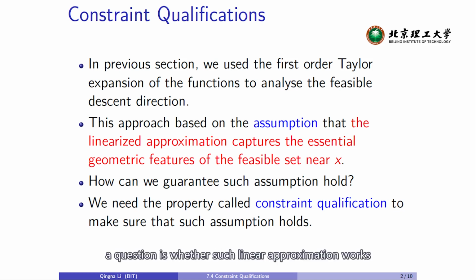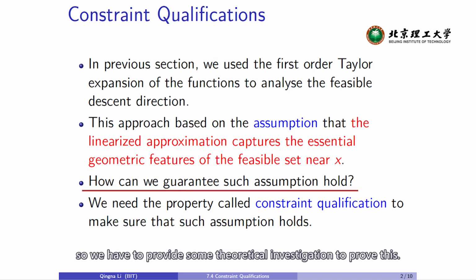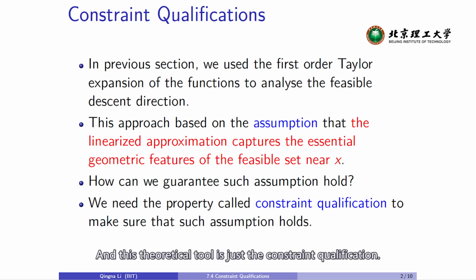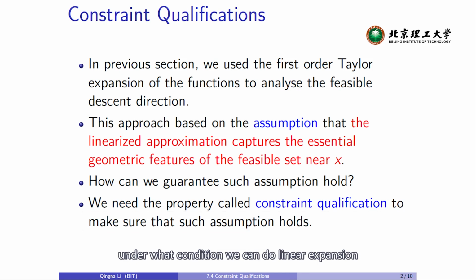However, a question is whether such linear approximation works, or whether it is sound. So we have to provide some theoretical investigation to prove this, and this theoretical tool is just the constraint qualification. In other words, the constraint qualification shows under what condition we can do linear expansion to the constraints as well as to the function values.